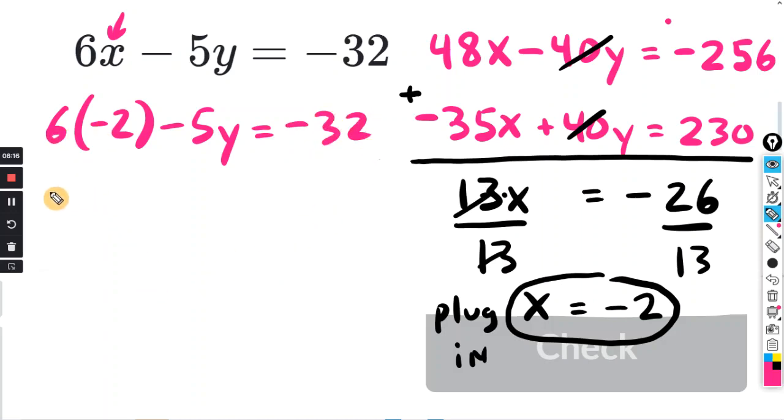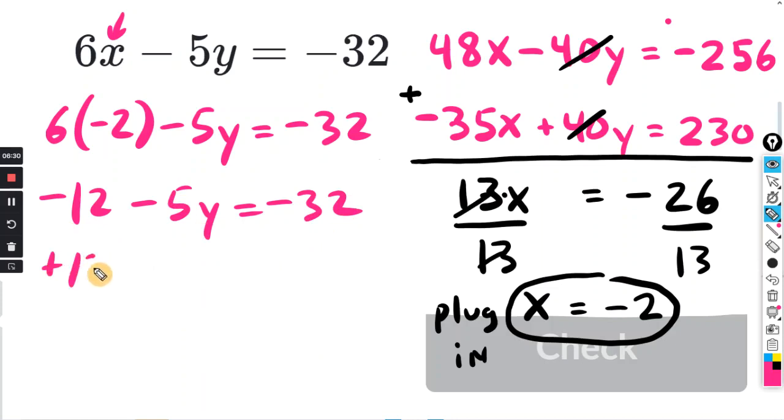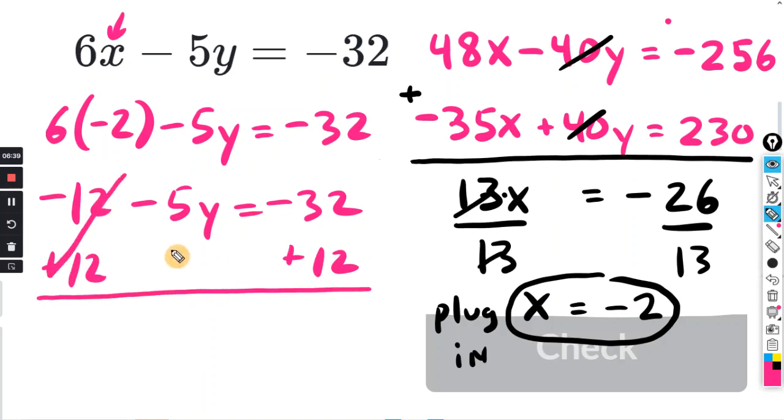6 times negative 2 is negative 12. Minus 5y equals negative 32. You want numbers on one side and variables on the other. So the opposite of negative 12 is positive 12. You have to do that to both sides of the equal sign. Cancels here.